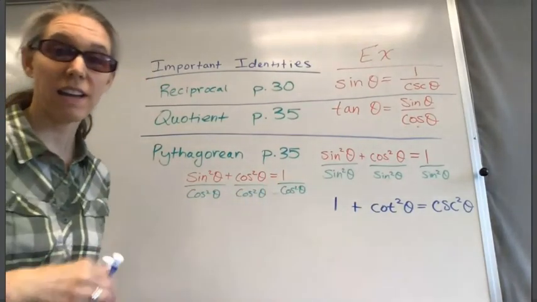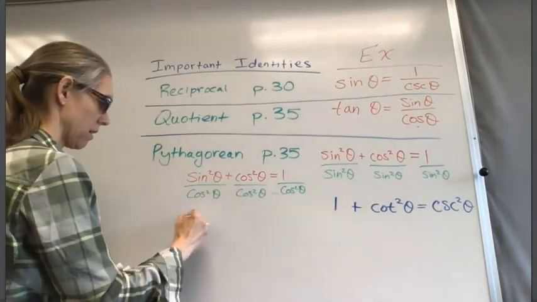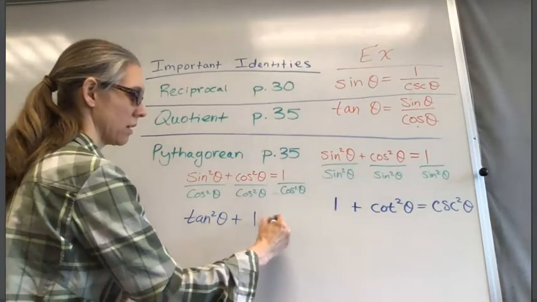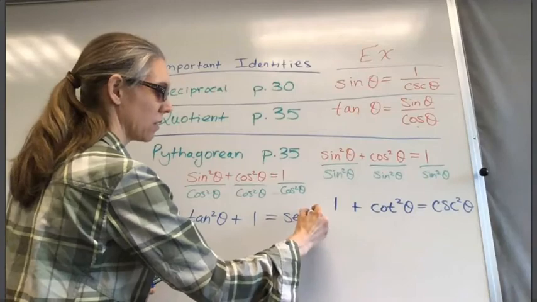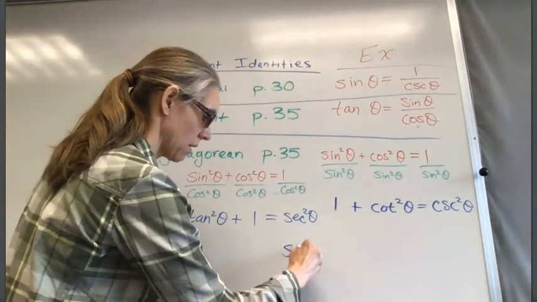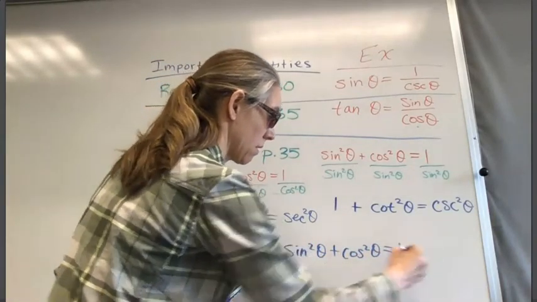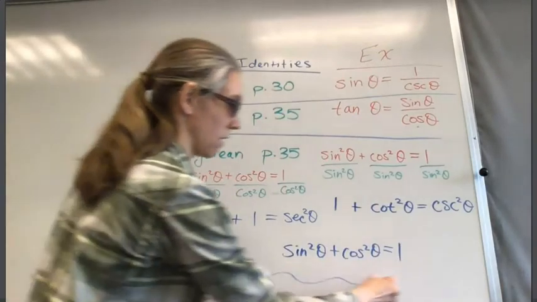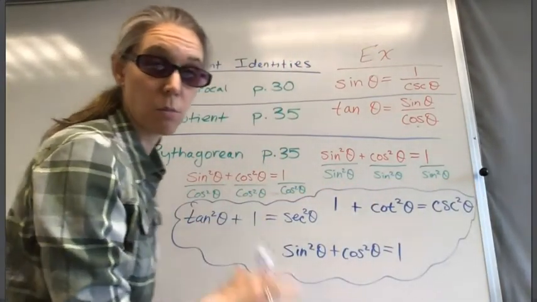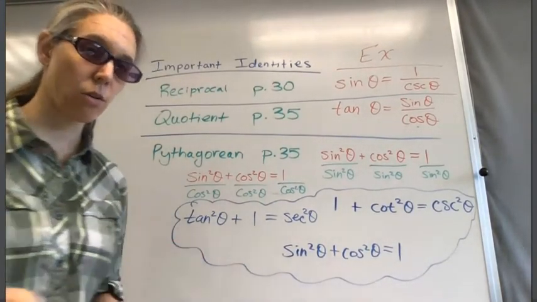So if you divide every single term by cosine squared, you end up with tangent squared plus 1 is equal to secant squared. So these are the 3 identities. And they are very important. Now, we will be using these identities throughout the whole course.